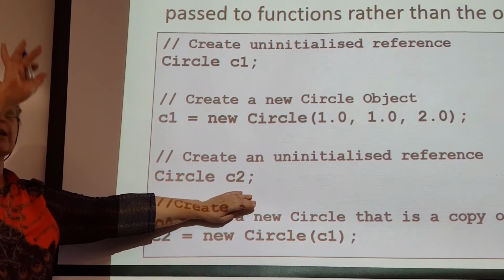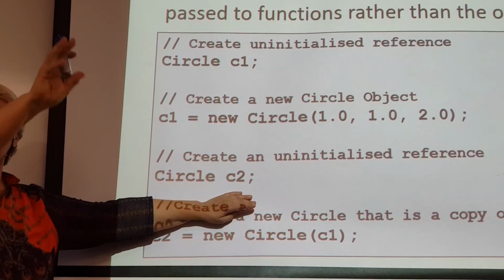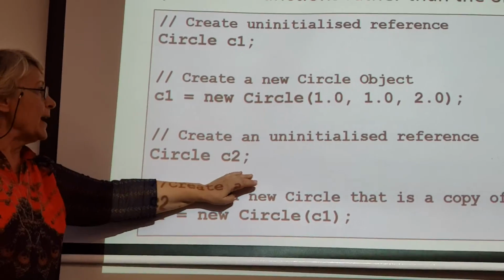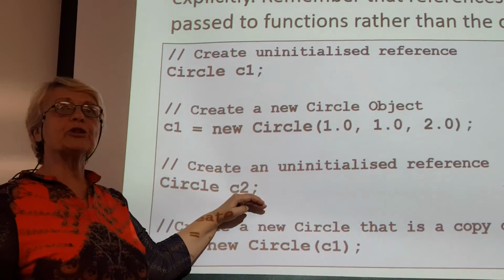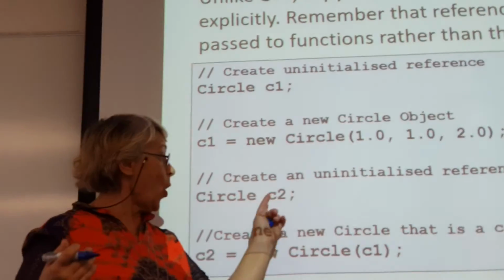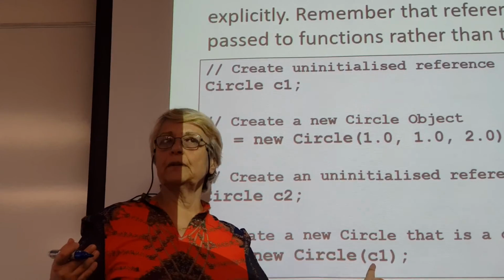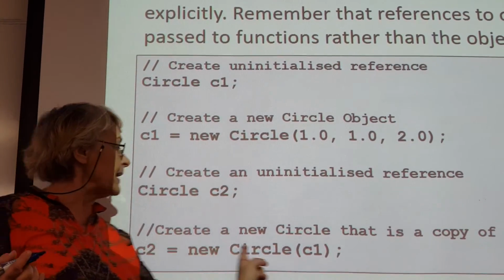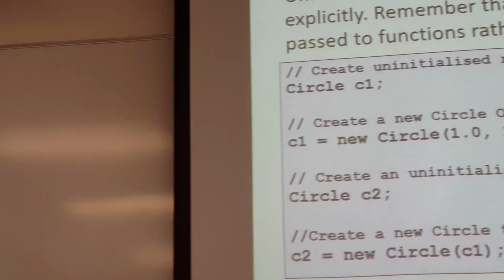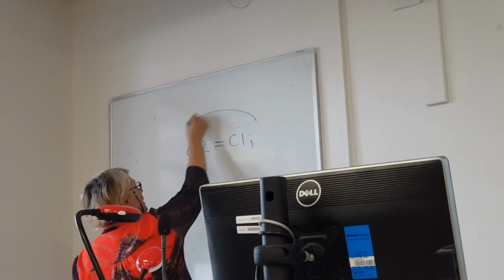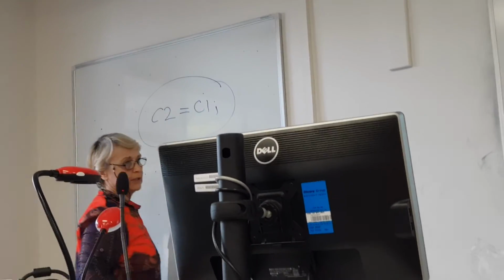It's just saying, okay, C2 will be a reference object, but what is the object itself? We have to provide information, either with a constructor or constructed from a different circle object. In C++, this statement was allowed to be C2 equals C1. And this was calling the copy constructor.